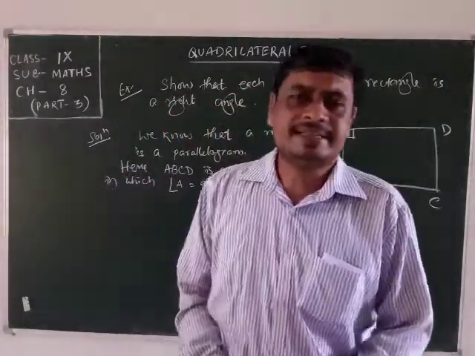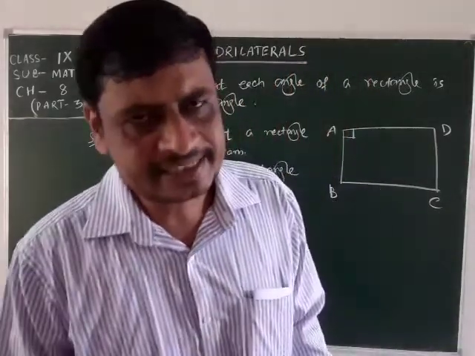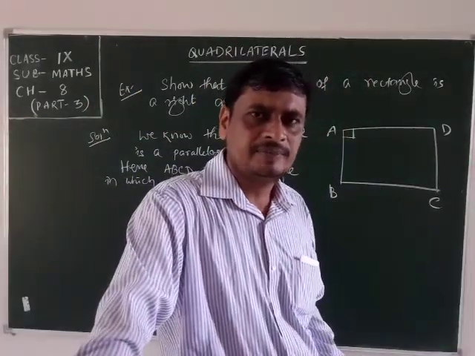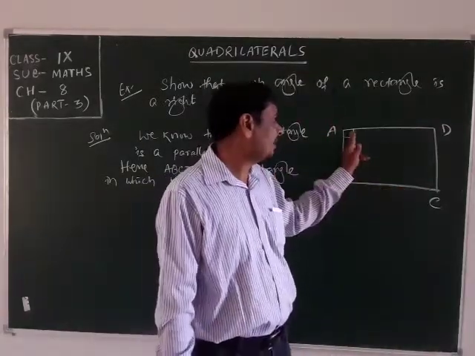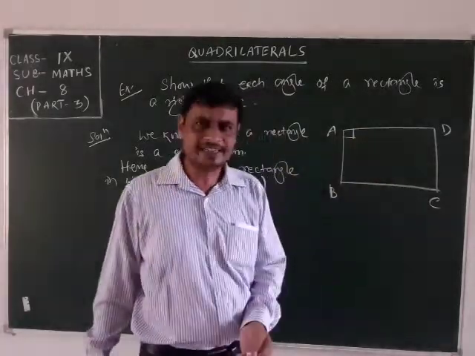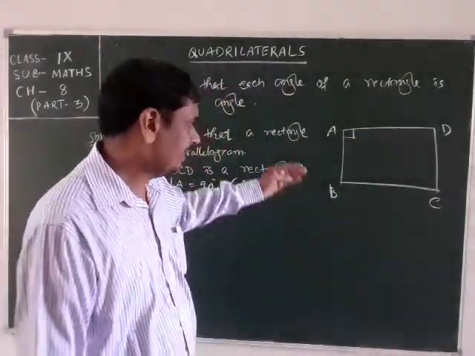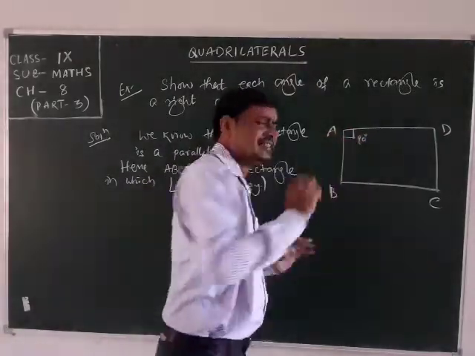Any parallelogram is said to be a rectangle if one of its angles is 90 degrees. Since ABCD is a parallelogram and one of its angles, let it be angle A, is 90 degrees, then ABCD is said to be a rectangle.